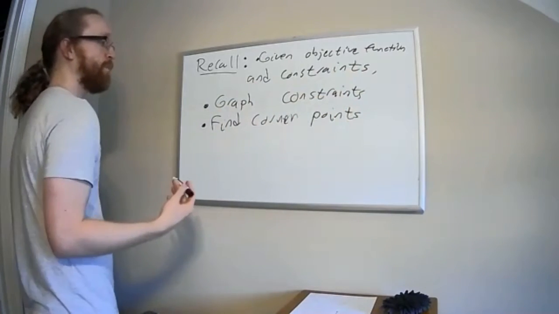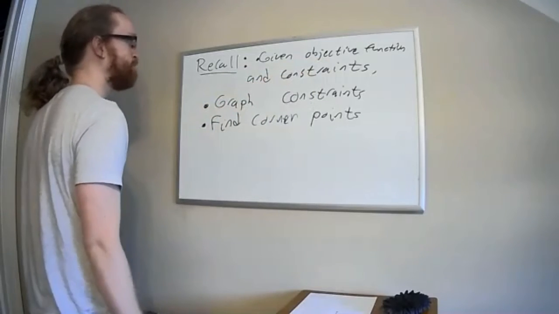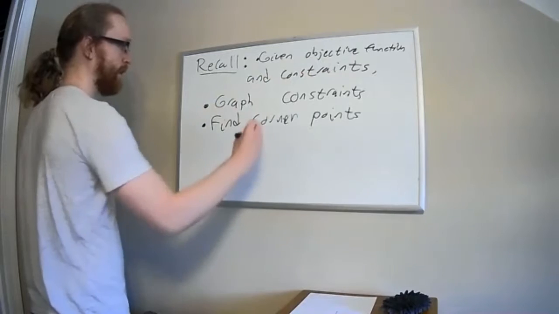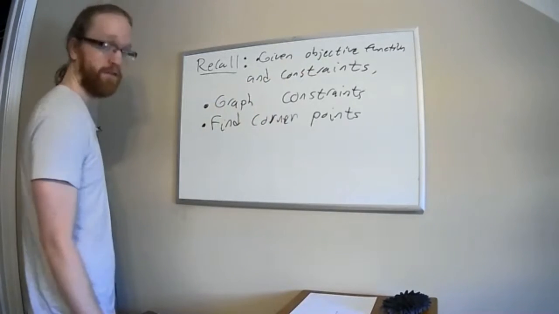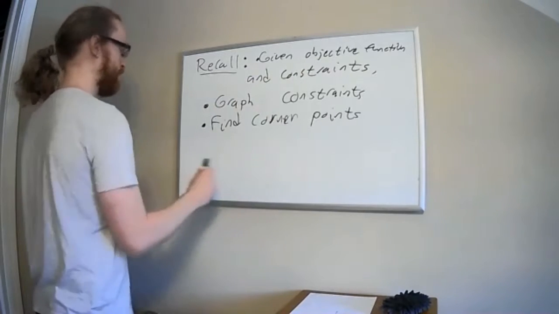And I told you that if we're trying to find the min or the max of our objective function, if it has a minimum or maximum, and in the case of yesterday we dealt with bounded feasible sets, in which case it definitely does have a minimum or maximum, then those had to happen at the corner points.